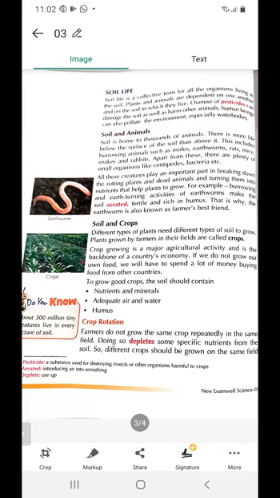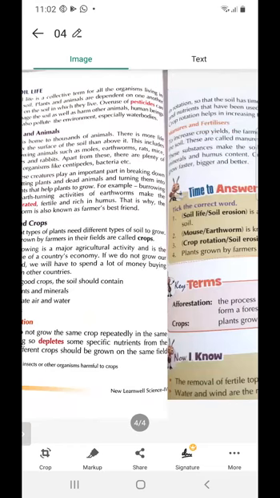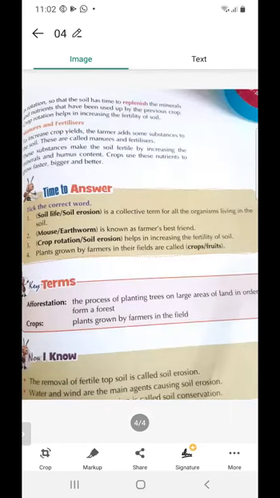So different plants will be grown in the field. And what is the purpose of crop rotation? It increases the fertility of the soil. Next is manure and fertilizer. So what are manure and fertilizer? These are substances added to the soil to increase its fertility.